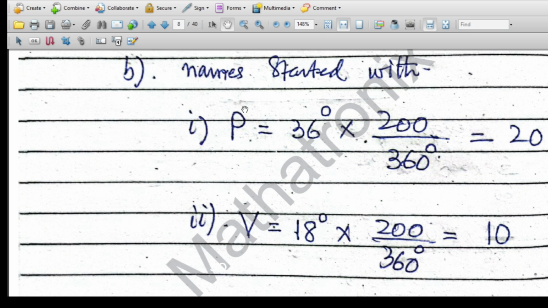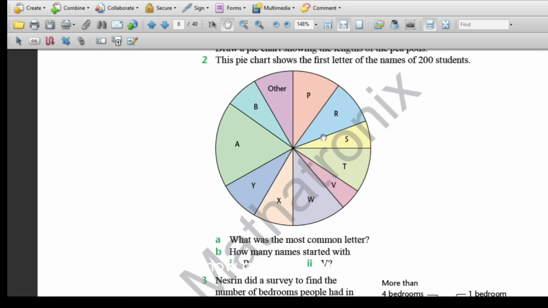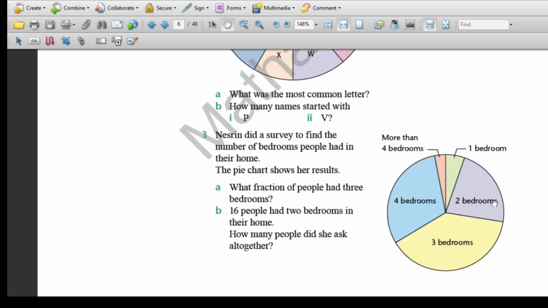So for the letter P, there are 20 students in the class whose names start with the letter P. If there are a total of 200 students in the complete circle, then this P part, representing 36 degrees, is equivalent to 20 students. Similarly, if V is half of P, then there are 10 students. For the letter V, there are 10 students in this pie chart. That is V and P. Now question number 3.